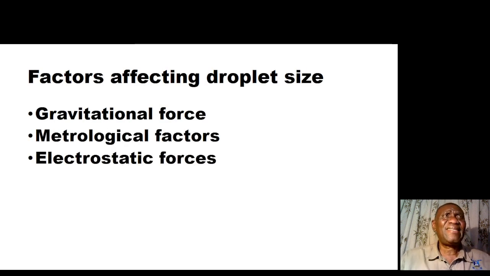Let us look at the factors which can affect droplet size. It could be gravitational force, meteorological factors or weather conditions, and electrostatic forces, where you have droplets being attracted by certain materials.